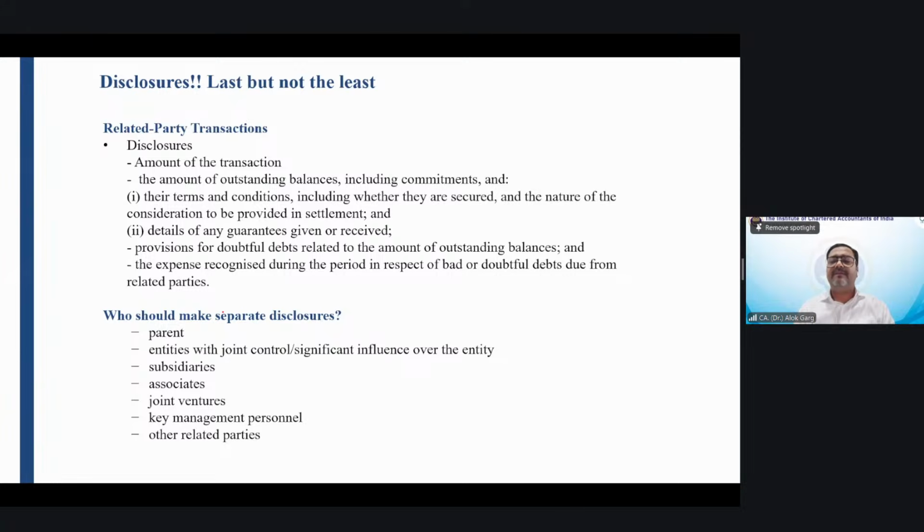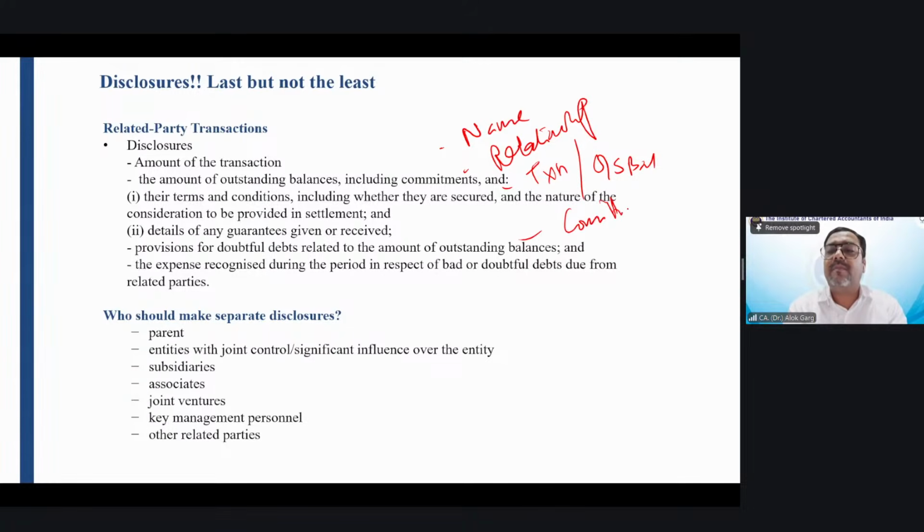Name of the related party, relationship, transaction, outstanding balances, commitment, guarantee, and provision for bad debt, if you have created a provision for bad debt with the related party. So these items are required to be disclosed: name, relationship, transaction, outstanding balances, commitment, guarantees, provision for doubtful debt.